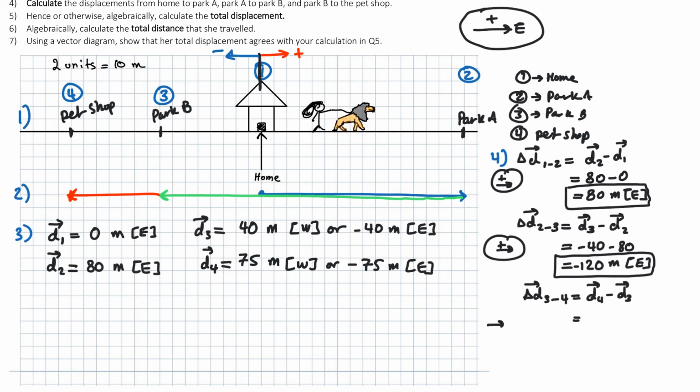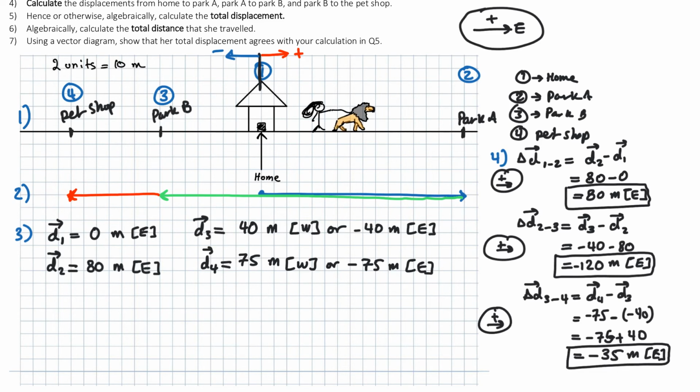And since I'm taking east to be positive, I'm going to put negative 75 here. And position 3 is negative 40 in the east direction, and I'm subtracting it. So negative 75 minus negative 40, make it positive, and this will become negative 35 meters. And since my positive direction is east, I have to label this as east. And I will box this answer.